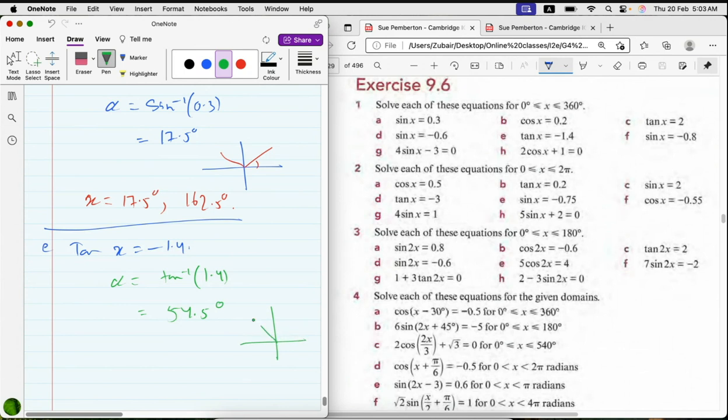Add sugar to coffee. In these two areas, tan is negative. So from 0 to 360, the first angle, the basic angle, is 54.5. 180 minus 54.5 is 125.5, and 360 minus 54.5 is 305.5.